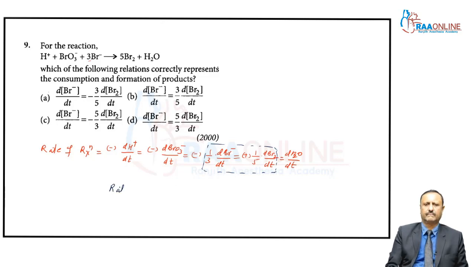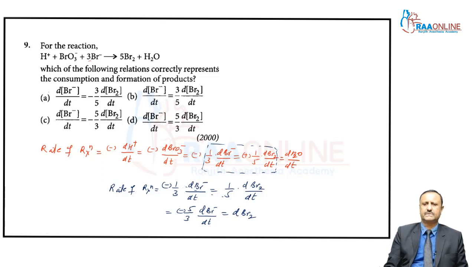So the rate of reaction is 1 upon 3 dBr minus upon dt, that equals 1 upon 5 dBr2 upon dt. When you solve for dBr2, the 5 goes to the upper side, giving 5 by 3, with the minus sign for Br minus.